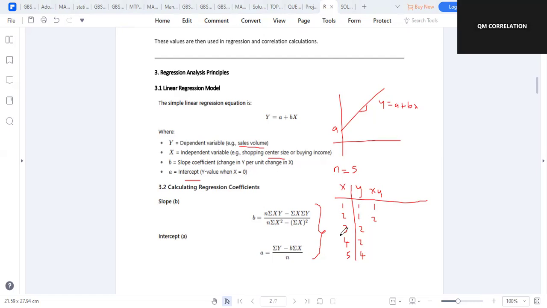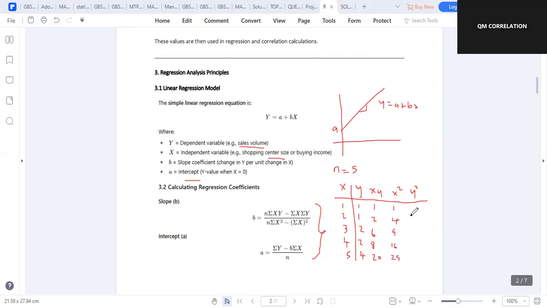Then here we're multiplying 3 times 2, 6, 8, and 20. And here we have X squared. How do we find X squared? How do we find Y squared? We're just squaring each of these. So for X squared, this is 1 times 1, 1. 2 times 2, 4. 3 times 3, 9. 4 times 4, 16. 5 times 5, 25.